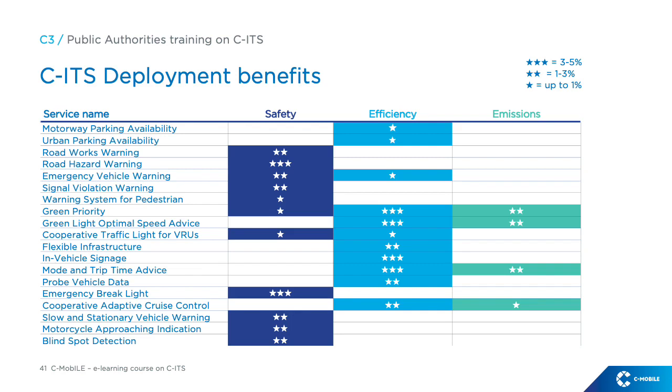In fact, CITS services can support a multimodal transport by providing real-time mode and trip advice prior and during a journey. The coordination with other local and regional authorities and with other managers of public services and utilities, combined with data sharing agreements with third parties, can enable responsive and proactive traffic management across various transport modes.